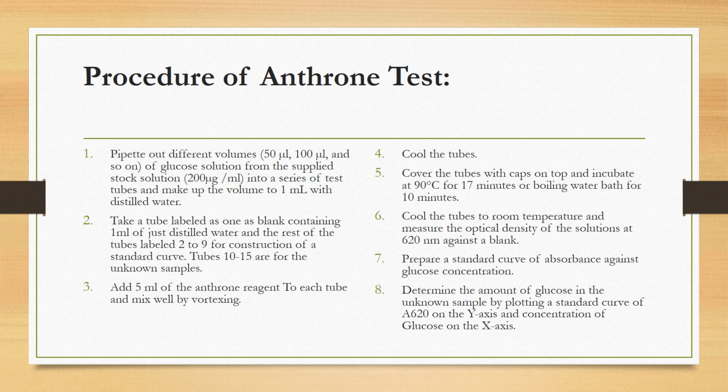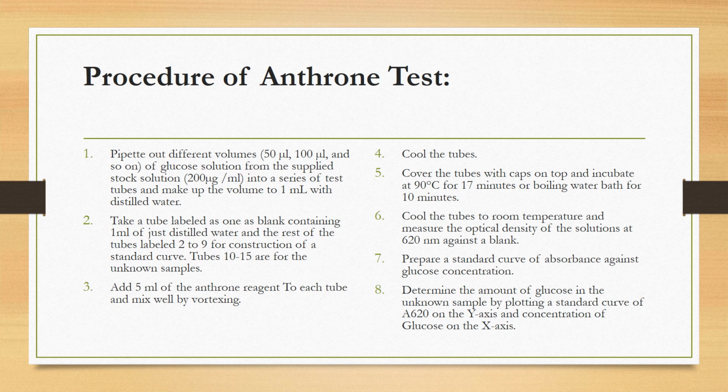On these tubes you will measure the optical density to know the concentration of carbohydrates inside these samples. Measure the optical density of the solutions at 620 nanometer against a blank.